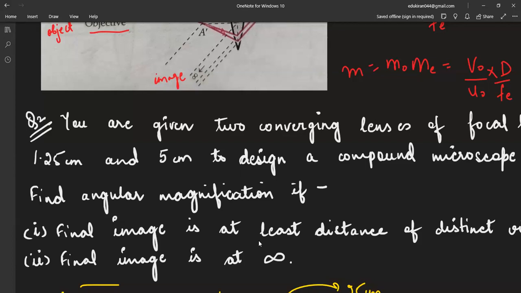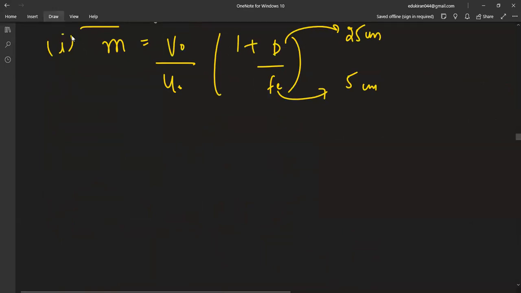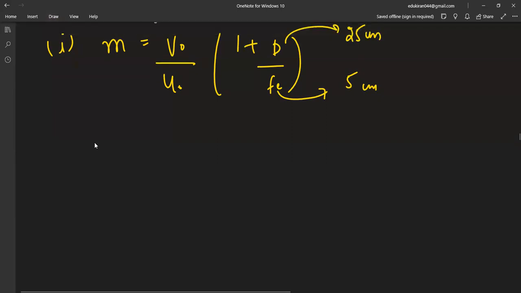So D you know, FE you know, you have to find out magnification. One focal length also you know. One by F naught is equal to 1 by V naught minus 1 by U naught.